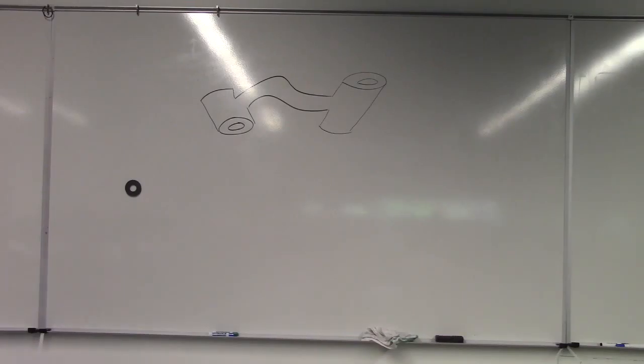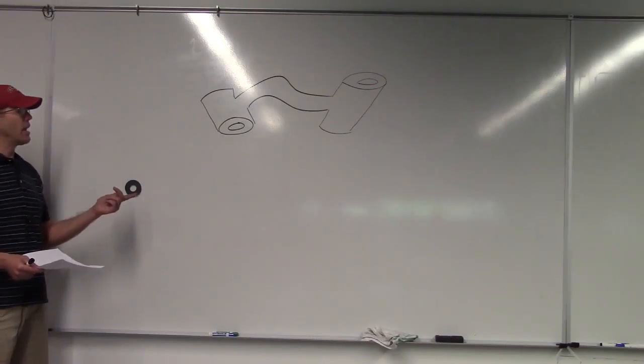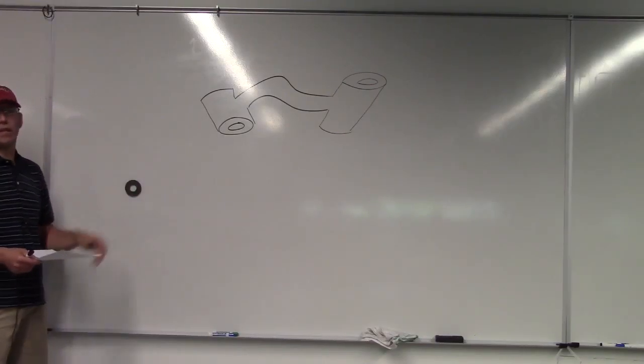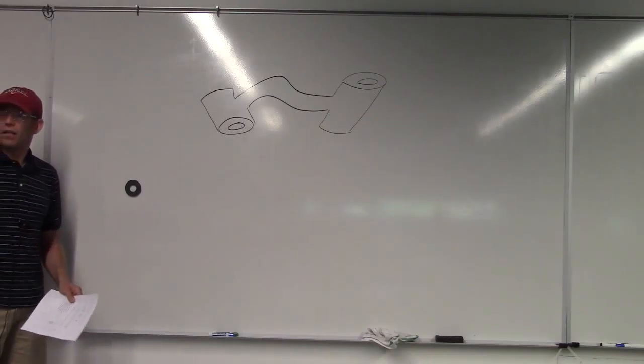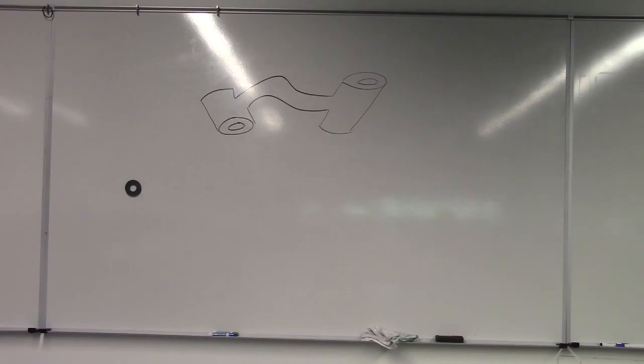Well, from one joint, first off, how would the joints be oriented? How would we define the frame rotation of each of the joints?